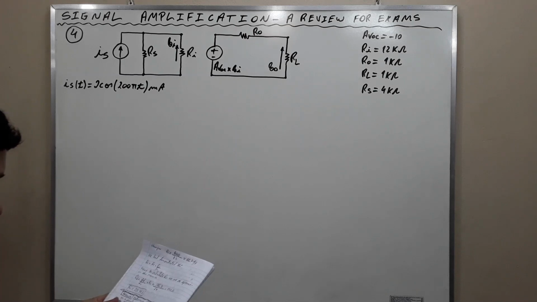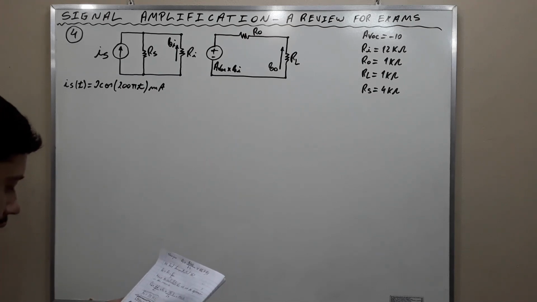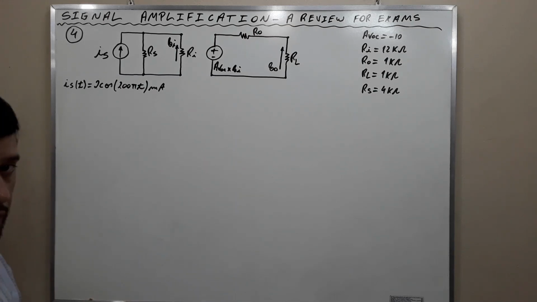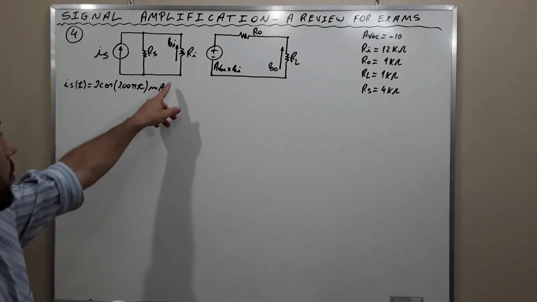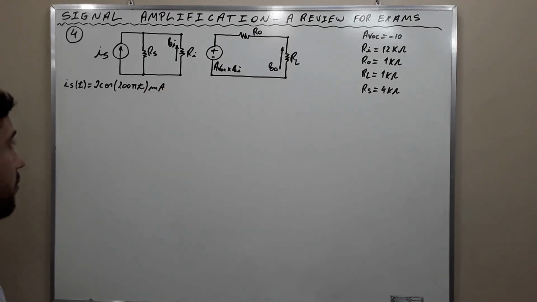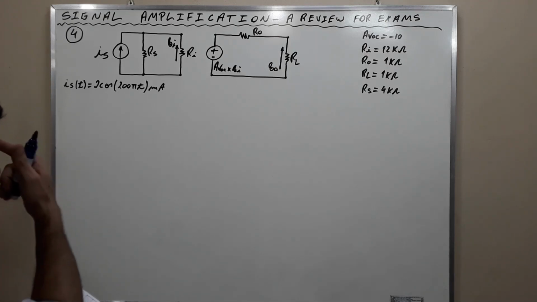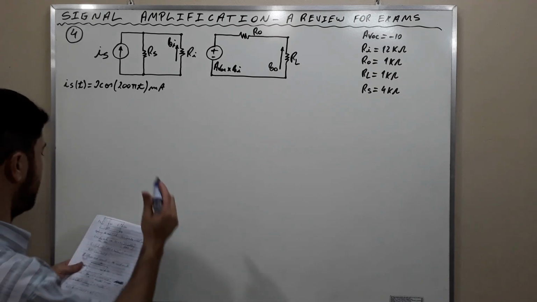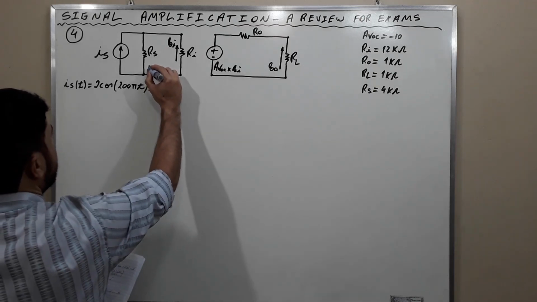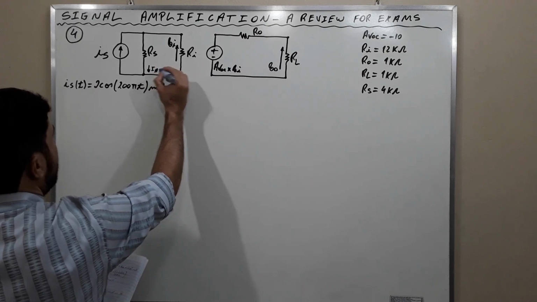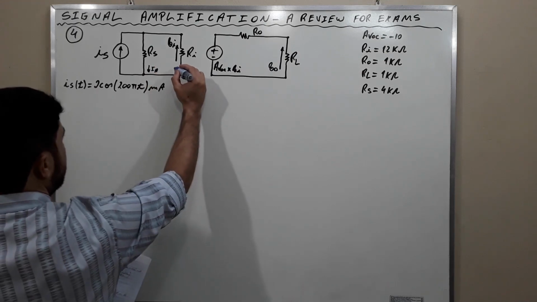Letter A, the calculation of voltages and currents in the circuit on the left. Let's begin with this. Let's label here IA, and here IB.